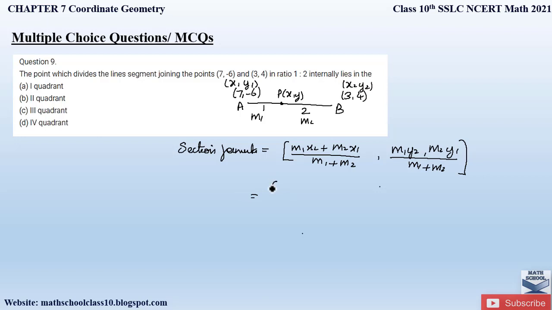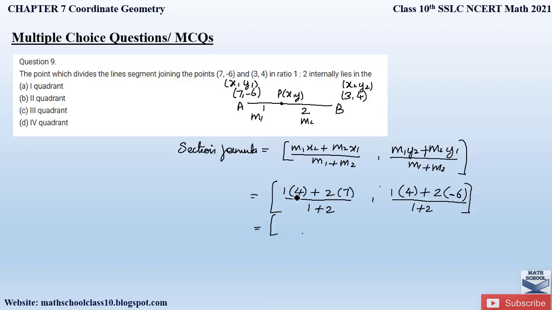So applying the formula here, m1 is 1 into x2, which is 4, plus m2 which is 2 into x1 which is 7, divided by 1 plus 2. Again m1 is 1 into y2 which is 4, plus m2 which is 2 and y1 which is minus 6, divided by 1 plus 2.